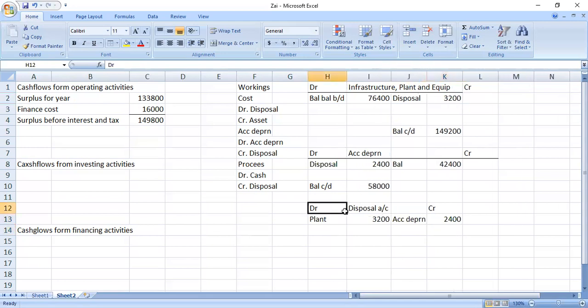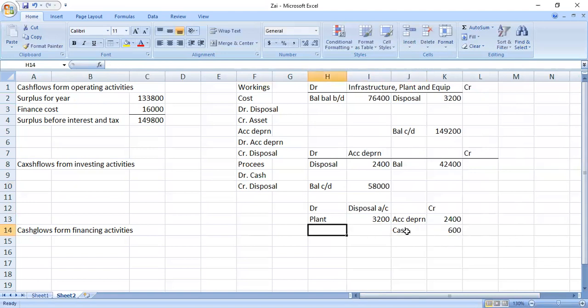Then the other item that was given is the money, the proceeds, 600,000 or 0.6 M. For the disposal, you're supposed to debit the cash account and credit the disposal account. So on the credit side of the disposal account, I'll say cash 600.